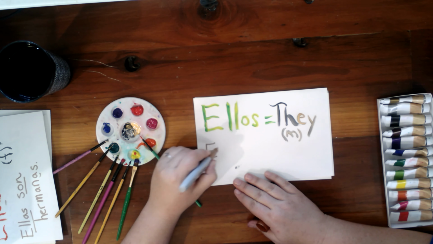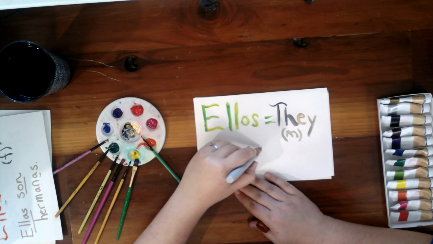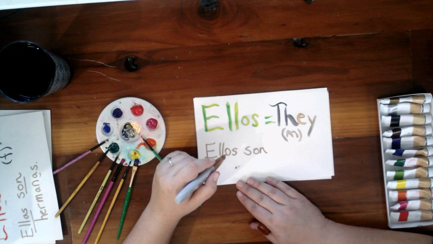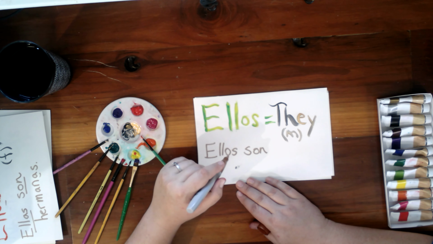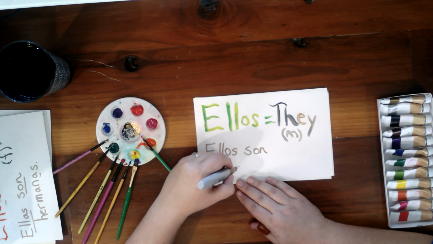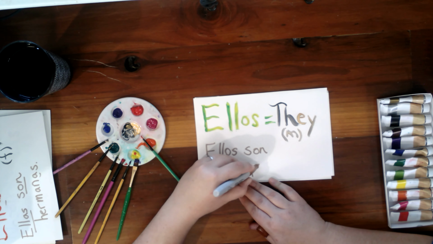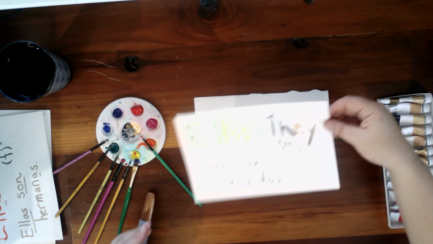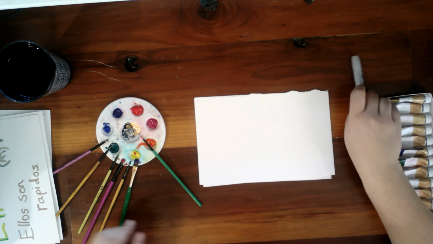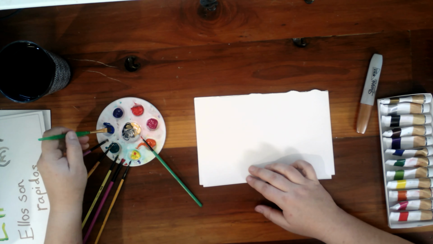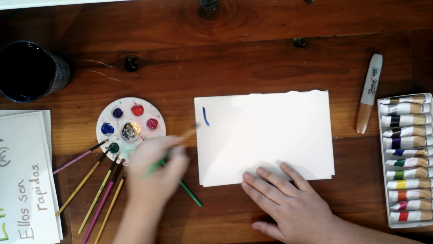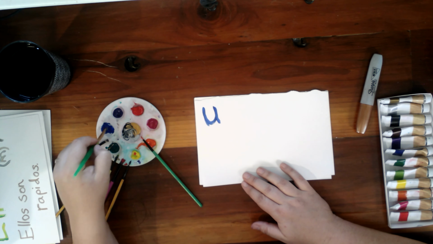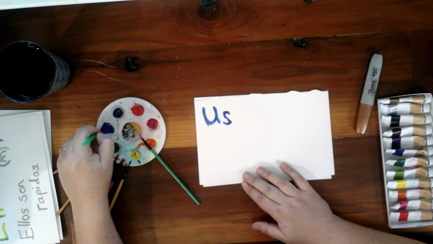And for my sentence, I would say ellos son rápidos. They are fast. Oh, but I forgot my accent over my A. Rápidos. I'll have to add that on later, which you can see down below in the transcript for this video.